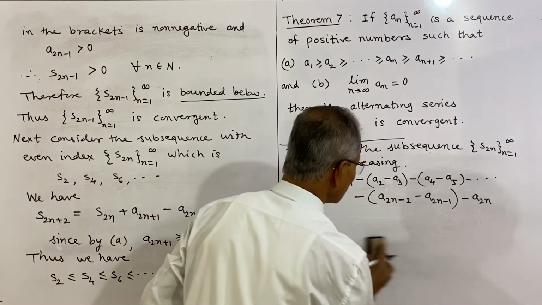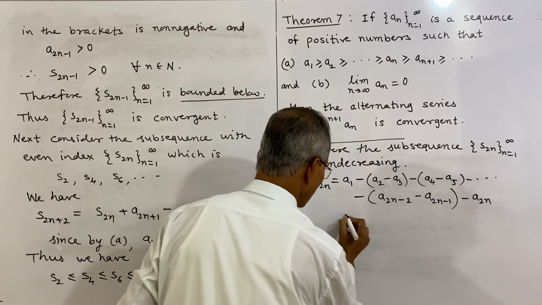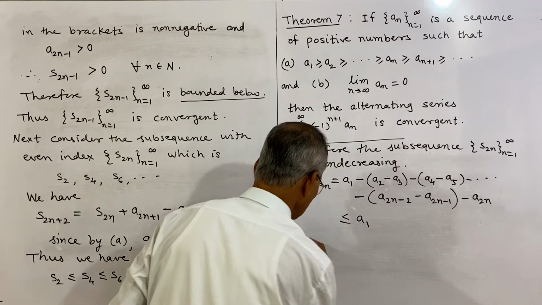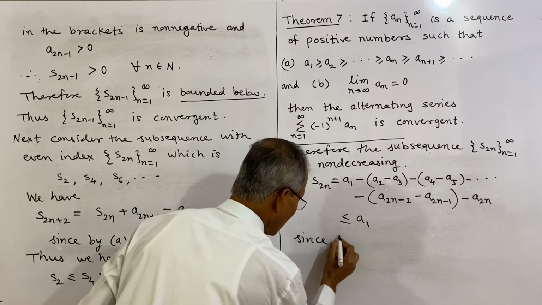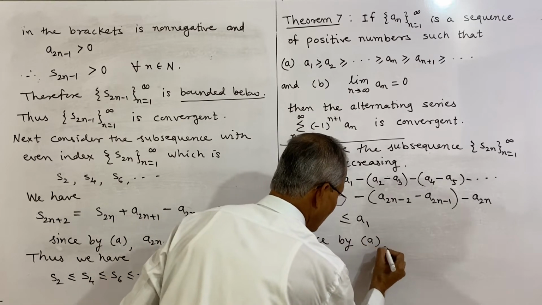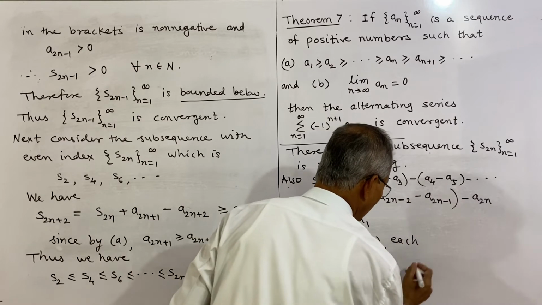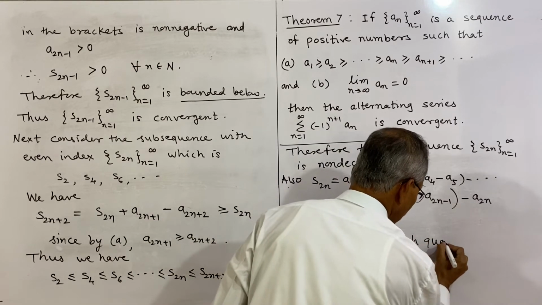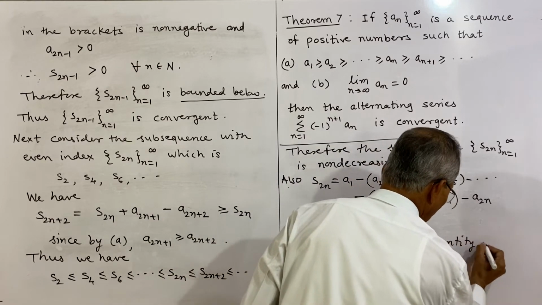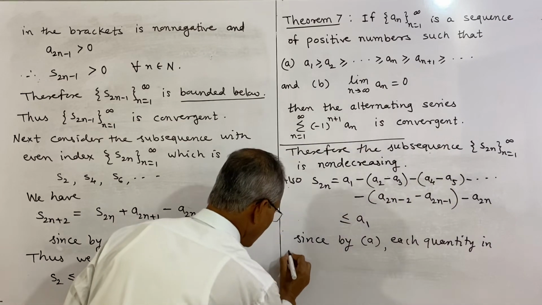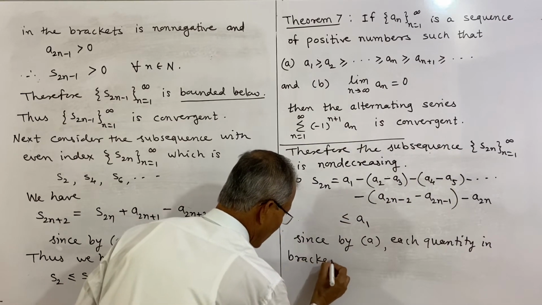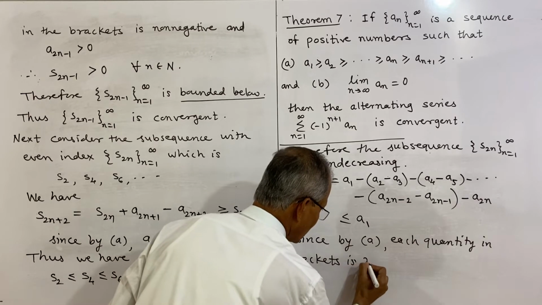since each quantity, this is less than or equal to a1, since by A, each quantity in brackets is non-negative.